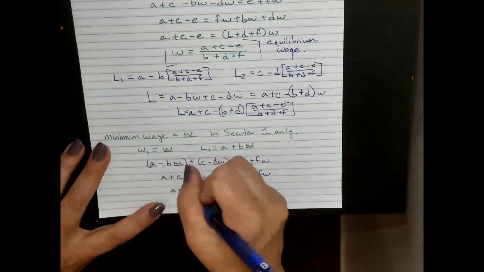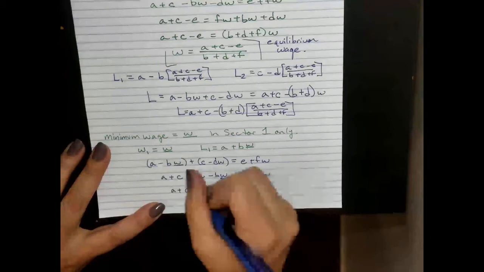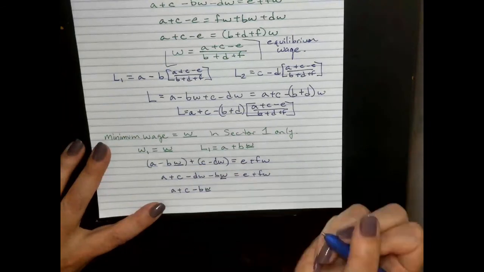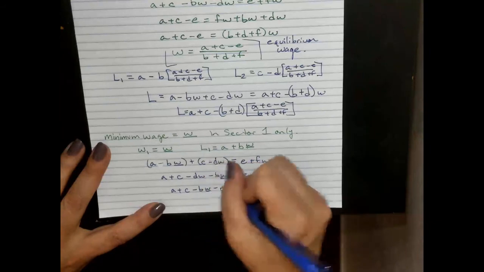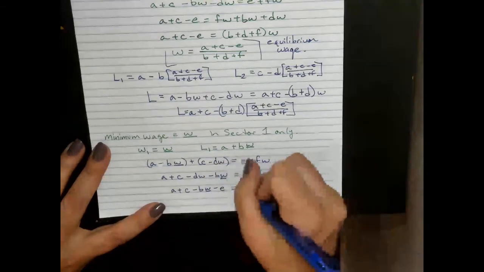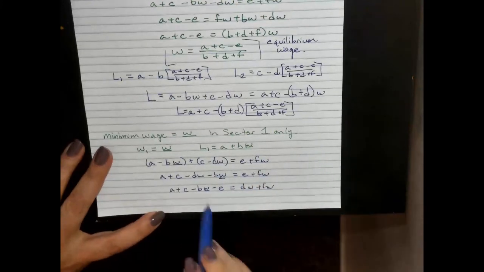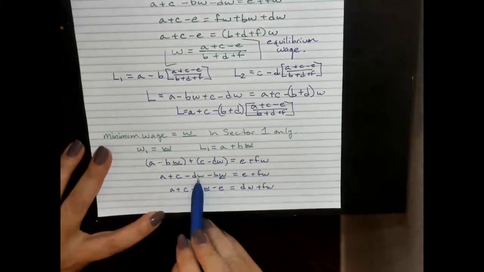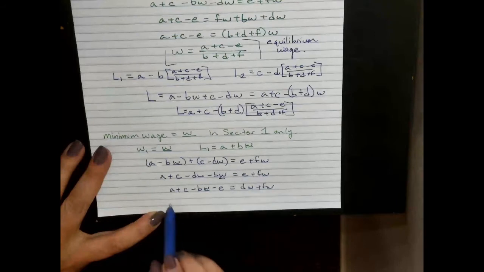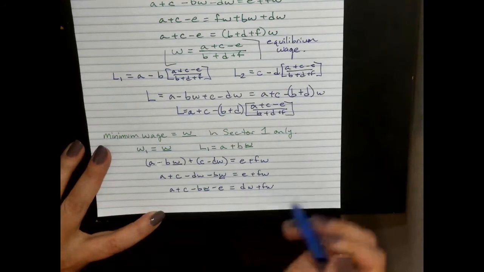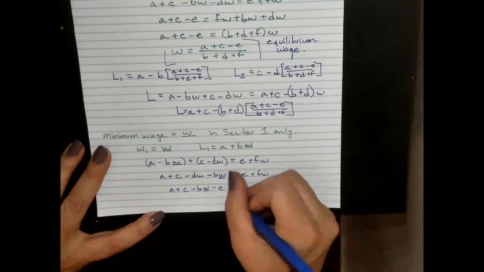So now I have A plus C minus BW bar minus E is equal to DW plus FW, right? Subtract this, or add this to both sides, subtract this from both sides. And then I can factor the D and the F out and divide by it.